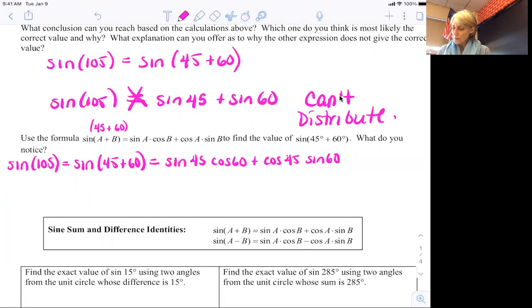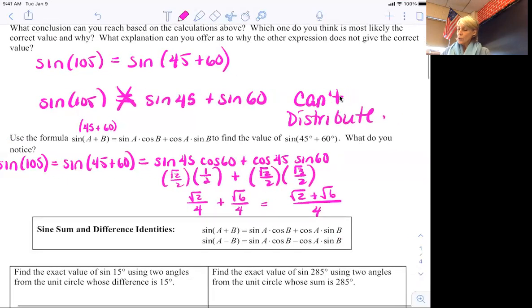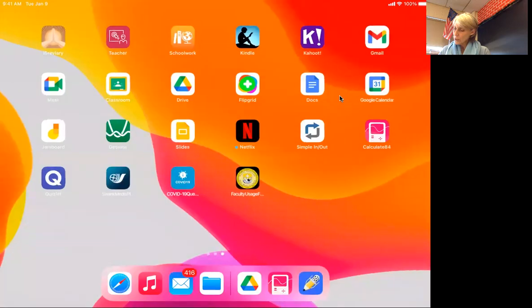And I know the sine of 45 is radical 2 over 2. Cosine of 60 is 1/2. Cosine of 45 is radical 2 over 2. And the sine of 60 is radical 3 over 2. Radical 2 over 4 plus radical 6 over 4, which is radical 2 plus radical 6 over 4, which if you evaluate this number in your calculator, I might as well do that.